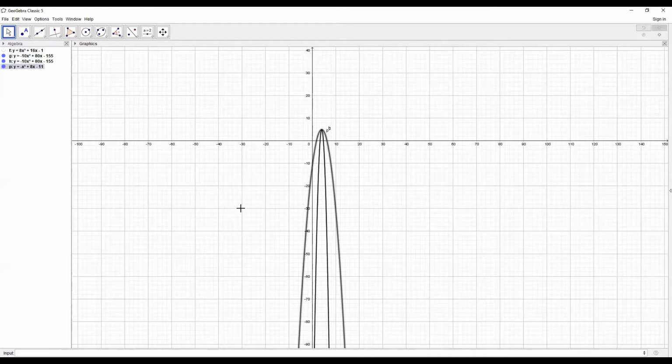But it's also going to tell you how wide or narrow the parabola is. The smaller this number, the wider.